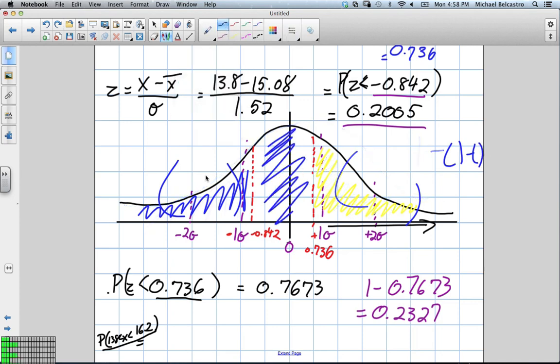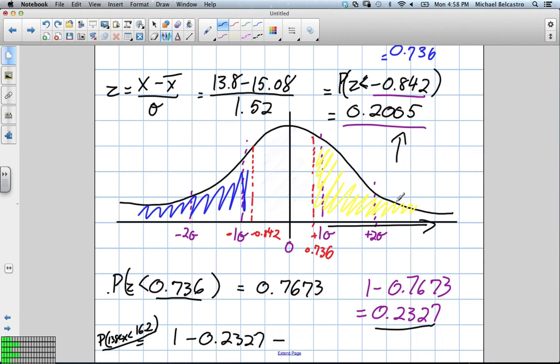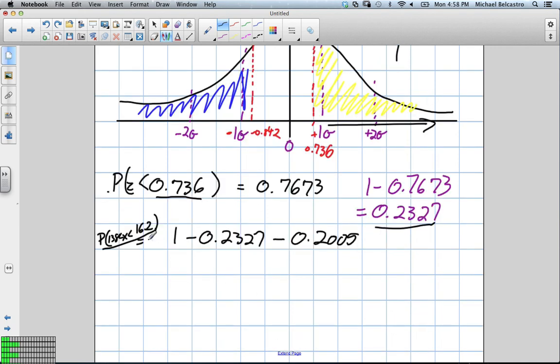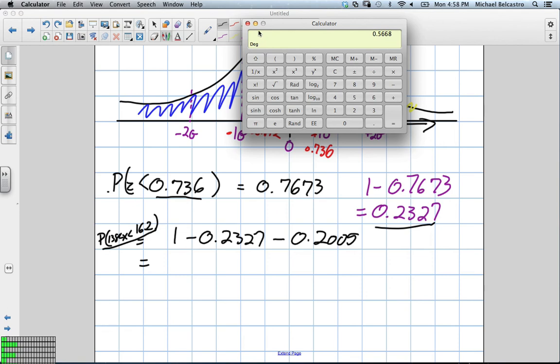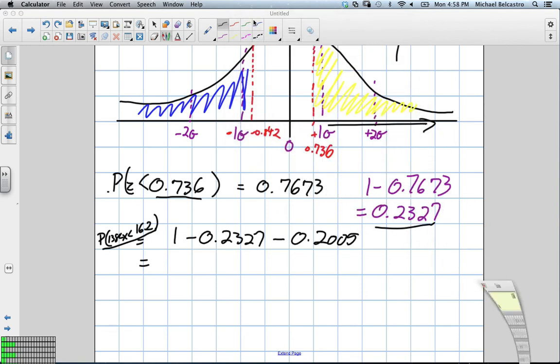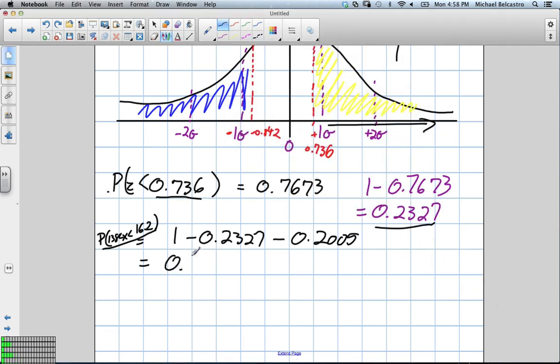So what we'll do is take 1 and subtract our z-score 0.2327, and subtract our original one of 0.2005. And when we type that in our calculator, we're going to get 0.5668.